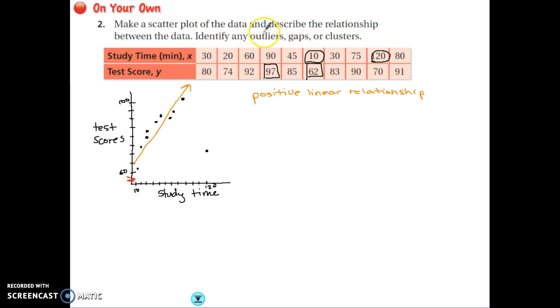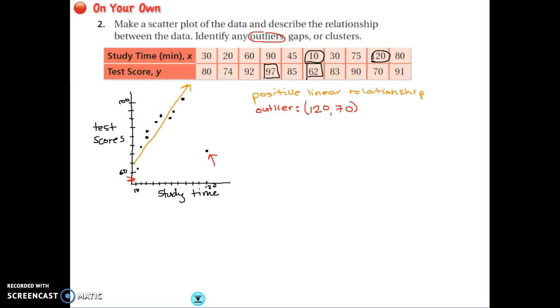For our outliers, this point here does not seem to belong in the data set. So I am going to say that there is an outlier at the point where x is 120, and then to the right I can count to see that y is 70. X is 120 and y is 70.